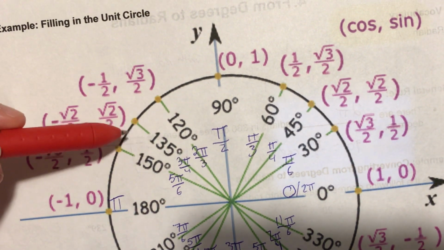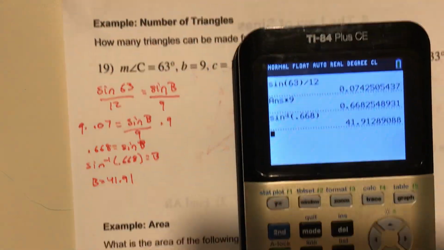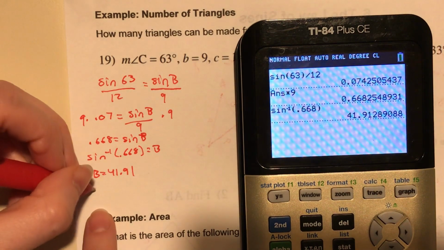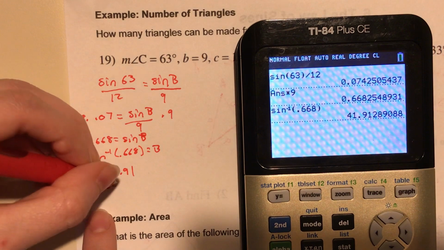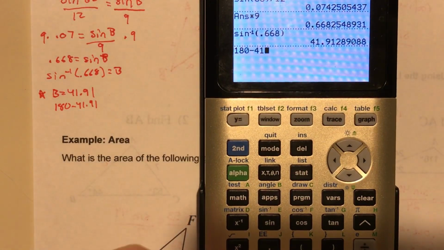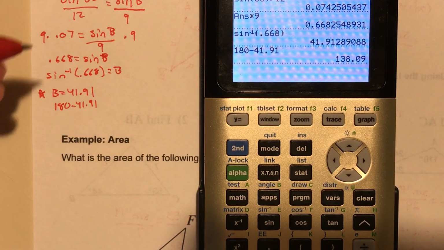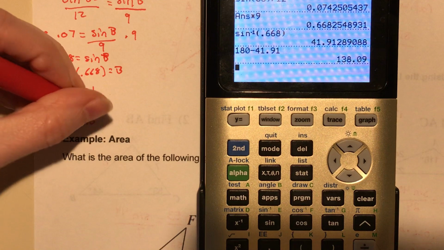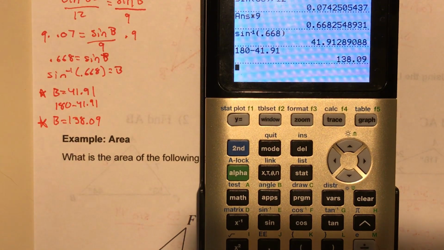So this is one possibility for B. The other one is 180 minus 41.91, which gives us B equals 138.09. That's another possibility. B could be 41.91 or B could be 138.09.